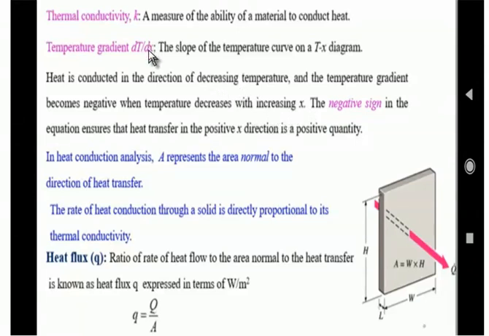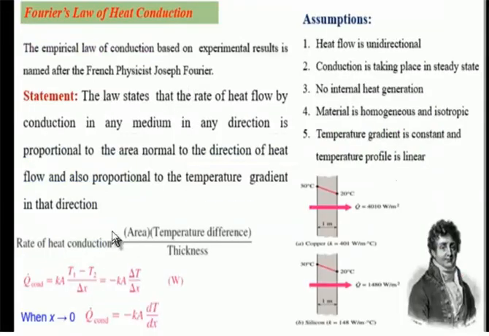If the thickness of the material is increasing, then the temperature gradient, that is the temperature difference, decreases. It gets a negative value. If thickness, which is dx, increases, this temperature difference becomes negative. That's why we use the negative sign here: minus K A dT by dx.